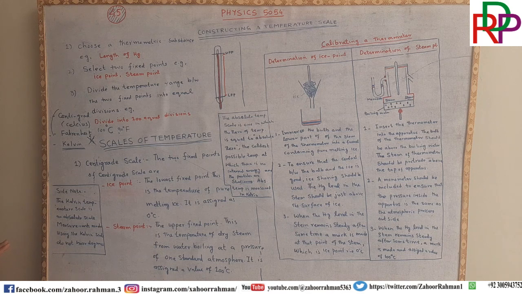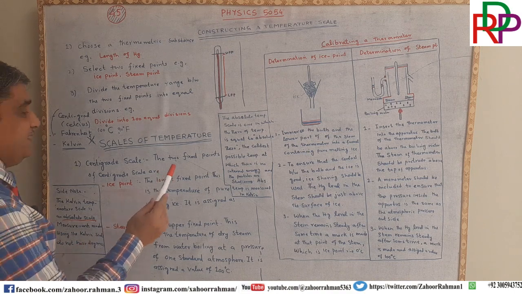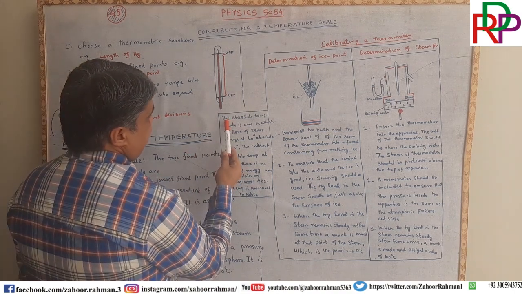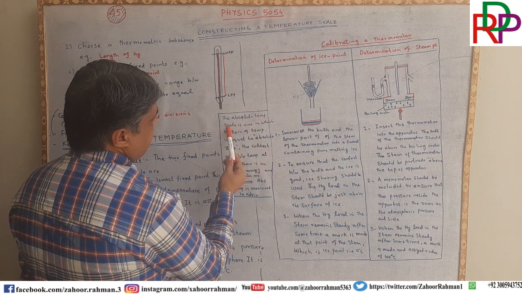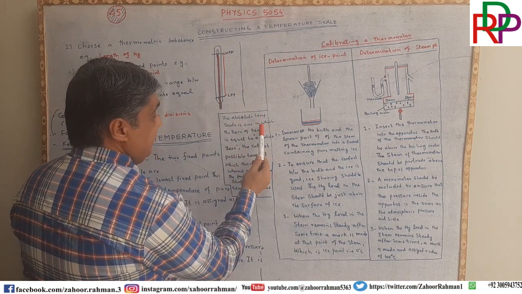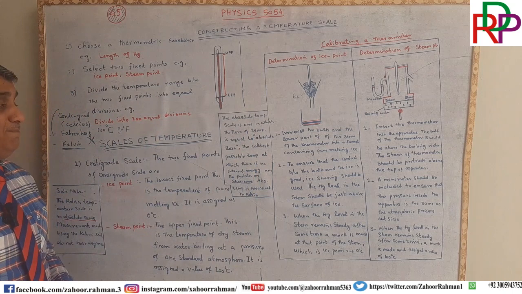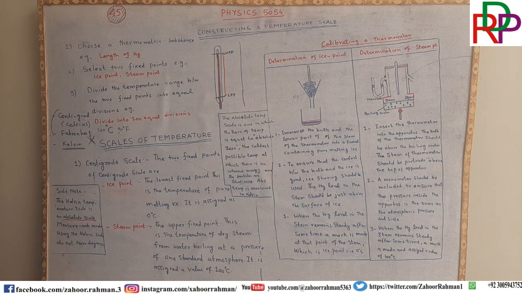Remember these. Now, because it is an absolute scale, the question arises, what is an absolute scale? I wrote it here. The absolute temperature scale is one in which the zero of temperature is equal to absolute zero. What does it mean?